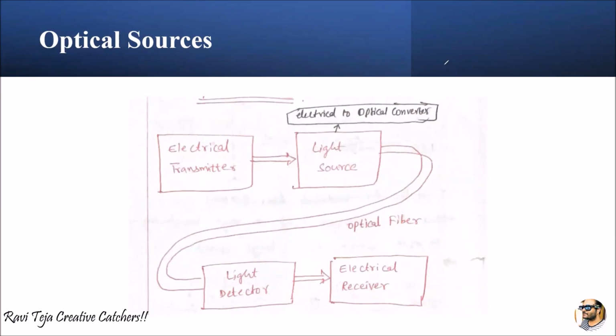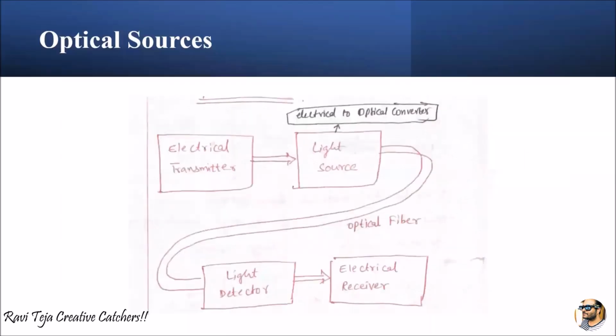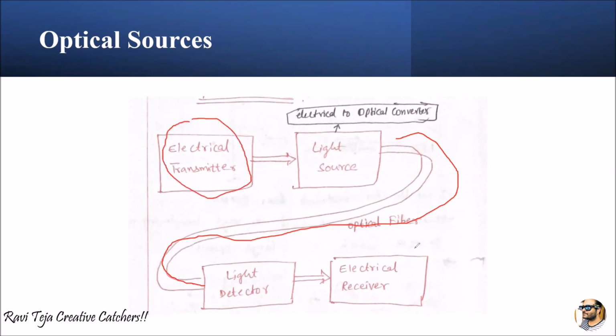The optical fiber acts as a medium between the optical transmitter and the optical receiver. As we have already discussed, an optical fiber cable acts as a medium between the transmitter and the receiver. Besides that, at the transmitting end, you will find a light source through which we emit light.